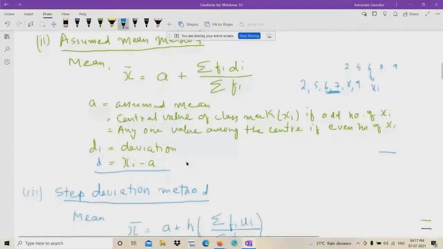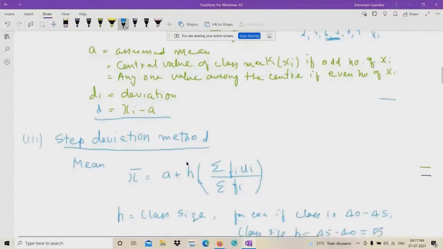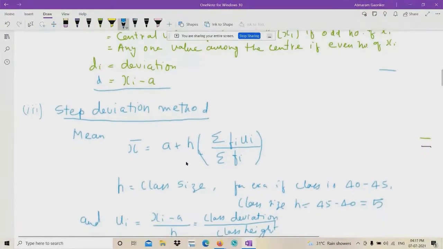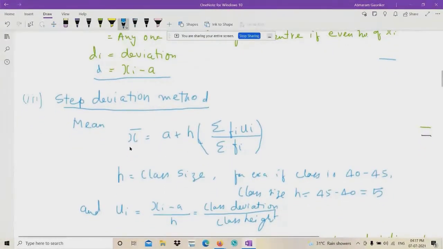And the last is the step deviation method. The mean in the step deviation method is x bar equal to a plus h times the summation of fiui divided by the summation of fi. Here a is there as before. The additional things are h and ui.